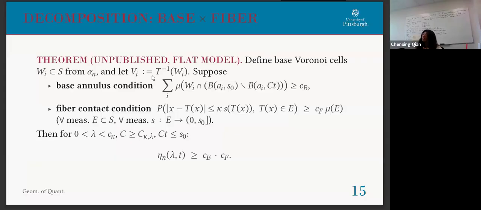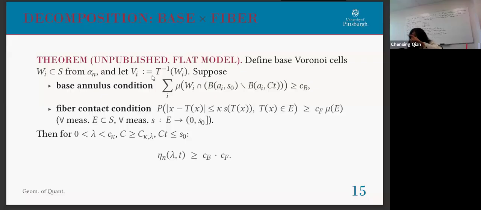It can be a codimension one affine subspace of a Euclidean space. I prove that the quantity has a lower bound in terms of the quantities C_B and C_F.